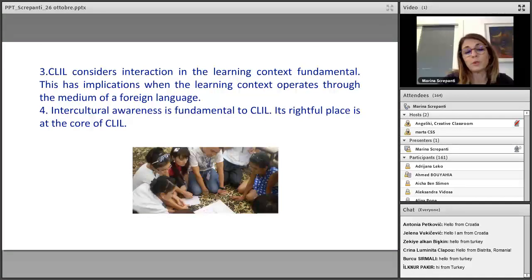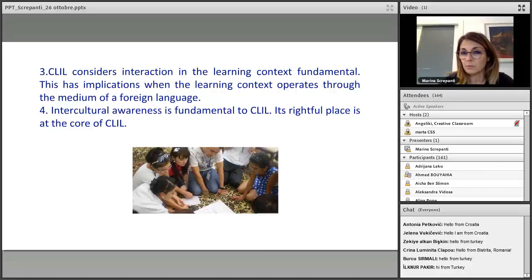Then it's very important, CLIL considers interaction in the learning context fundamental. In fact, tasks are mostly developed together, collaborating and communicating in small groups.